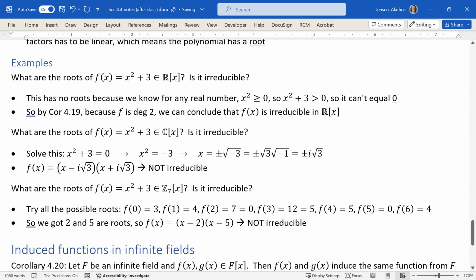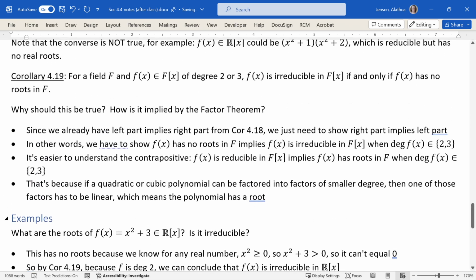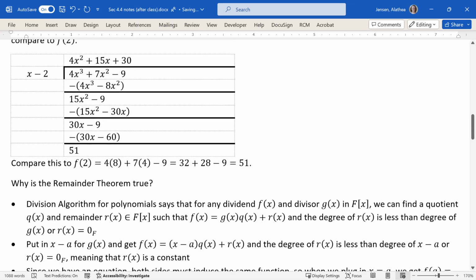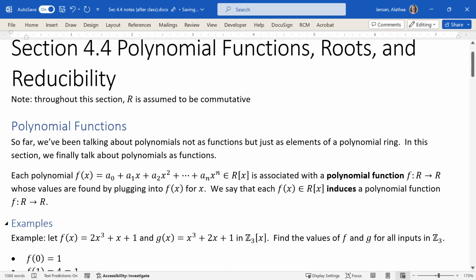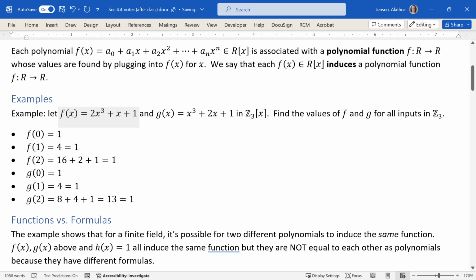Okay, so for the very last thing, I wanted to go back to this question. At the beginning, we saw that when you're working with a finite field, 2 different polynomials, or even 3 different polynomials, because we also had this one, can induce the exact same function.